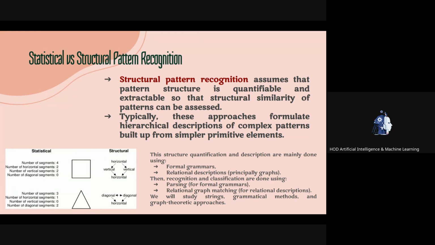Whereas in structural pattern recognition, we do it like this: just like how you narrate a story to a system, you're making an explanation. First you draw a horizontal line, then you draw two vertical lines from the ends of the horizontal line, and then you connect them with another horizontal line.